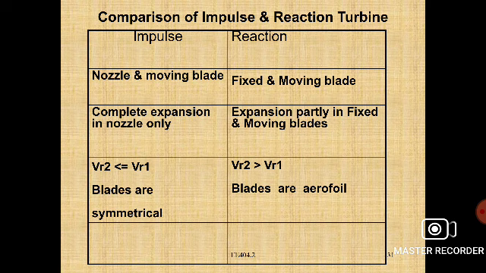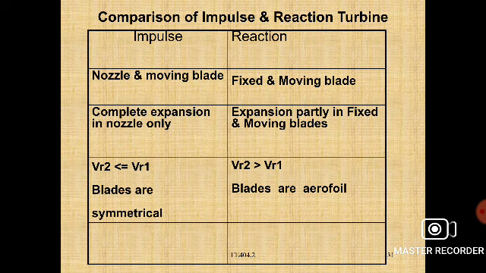Neglecting friction, relative velocity remains constant in the impulse turbine. In the reaction turbine, relative velocity at exit is greater than at inlet. Right? Next one, blades are symmetrical about the center line in the impulse turbine.